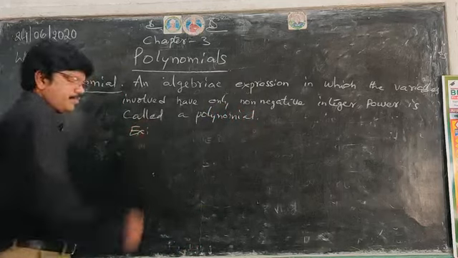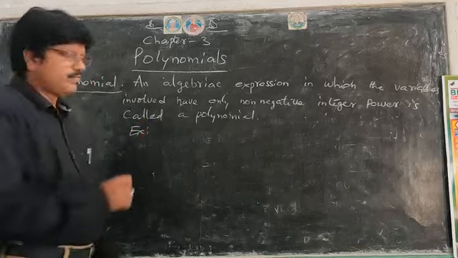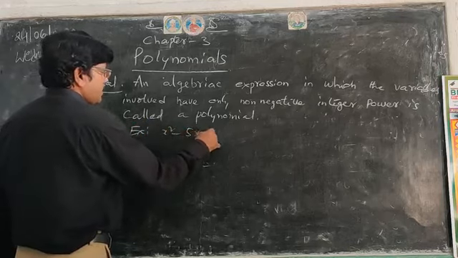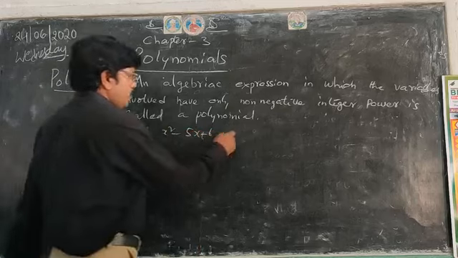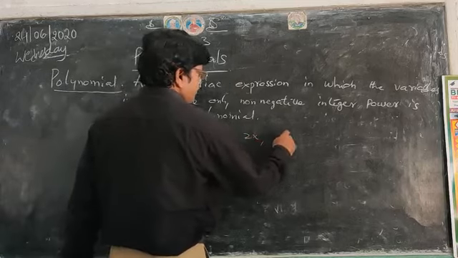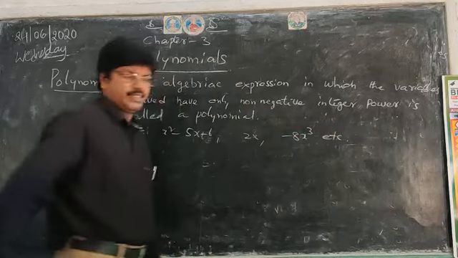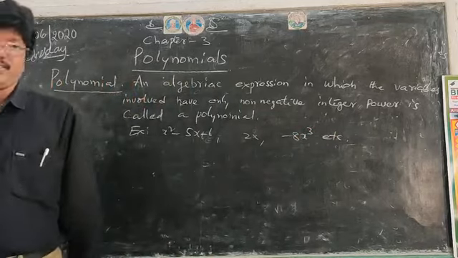Example: x square minus 5x plus 6, or 2x minus 8x cube, etc. These are the polynomials.